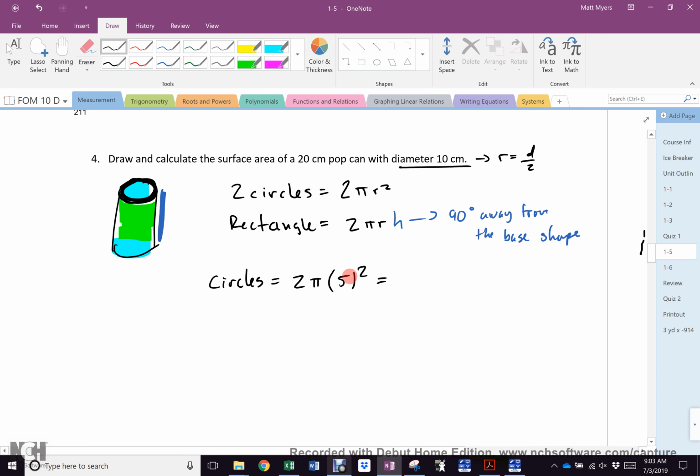25. What's 25 times 2? 50. So I got 50 pi. Everybody understand? And then for the rectangle is 2 times pi times 5. And what's our height?